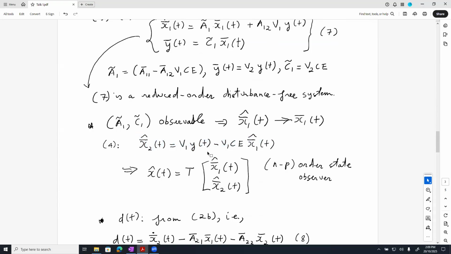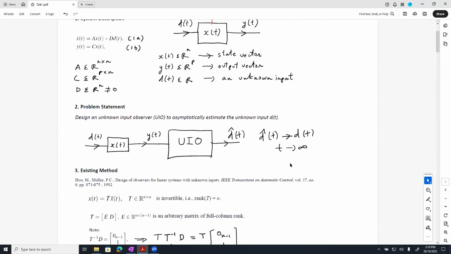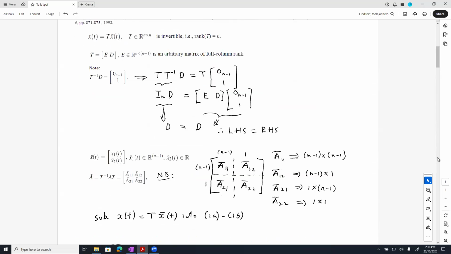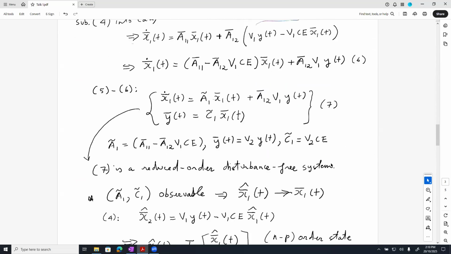And that entire stack vector is represented by x1 bar hat and x2 bar hat. And therefore, if we are interested in estimating the entire state vector of the system, which is this x of t here, then it can be done.